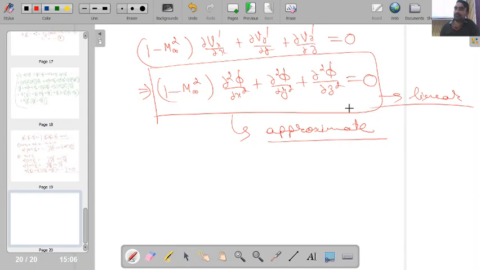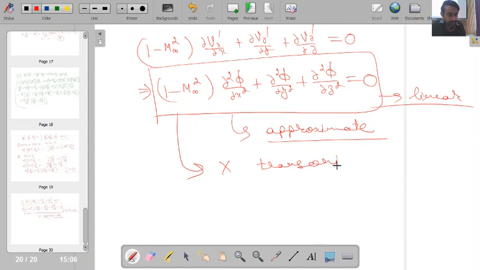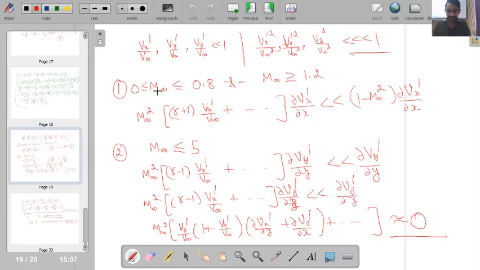Okay. So another important point is, this linear equation is not applicable for which types of flows? Transonic and hypersonic flow. If you see the first condition, M infinity from 0.8 to 1.2, this is nothing but our transonic flow, and M infinity greater than 5 is hypersonic flow.